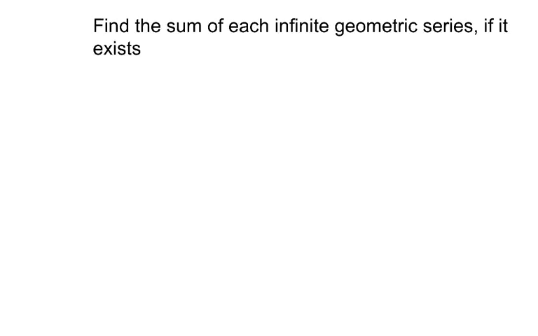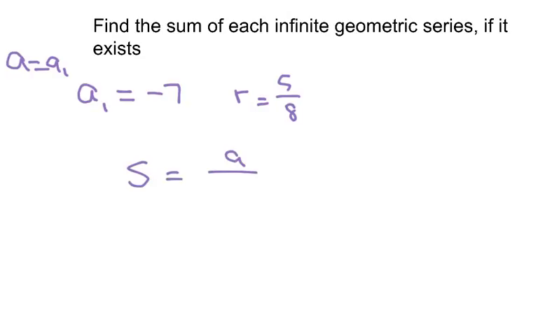Okay, so let's do some problems. We're going to find the sum, if it exists, of infinite geometric series. They give you the first term is -7. Again, if I let a equal a sub 1, then that's the first term. And r is 5/8. So the sum is a over 1 minus r, which is -7 over 1 minus 5/8.